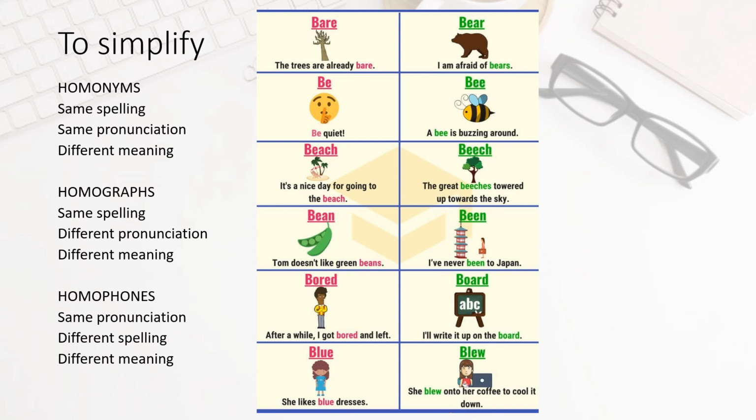B-A-R-E refers to being not clothed or not covered, or in this particular photo, it refers to basic and simple. So if it does not have any additional accessories on it, if it does not have clothes on it, if it is a person, then it is bare.